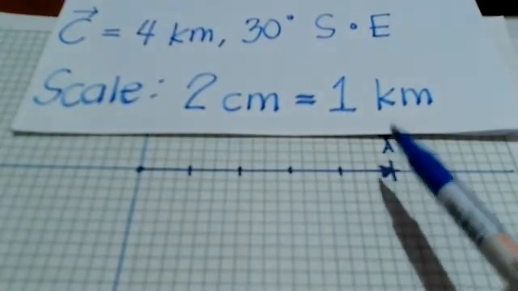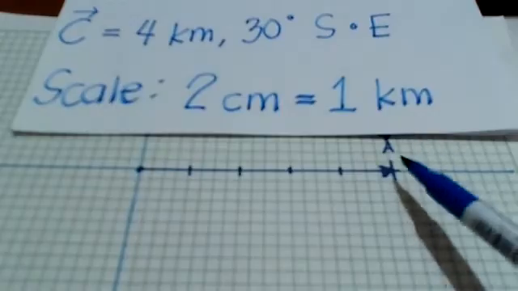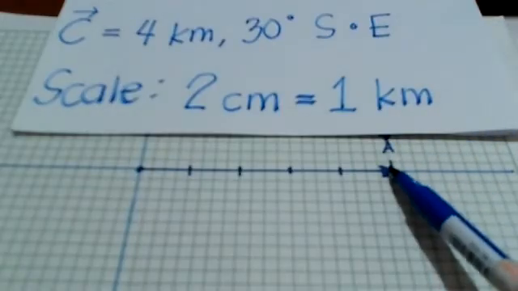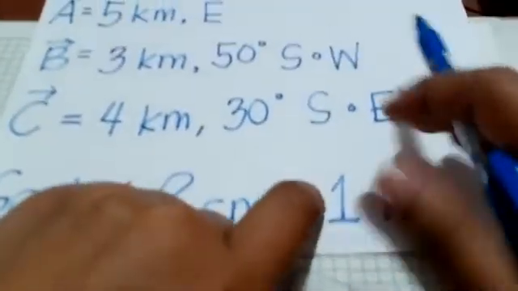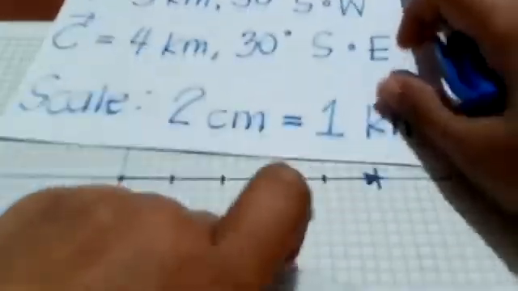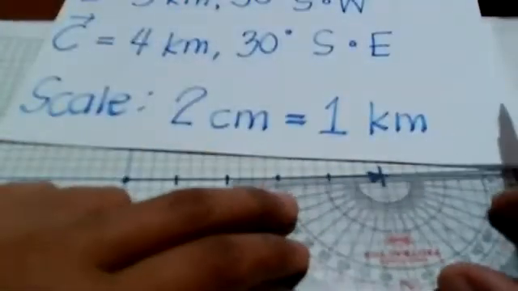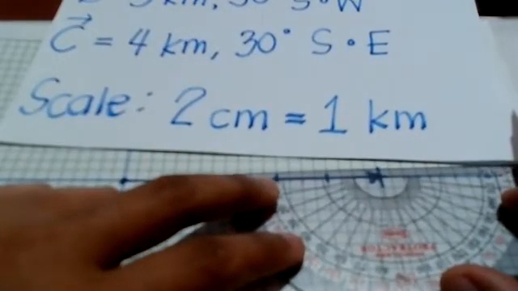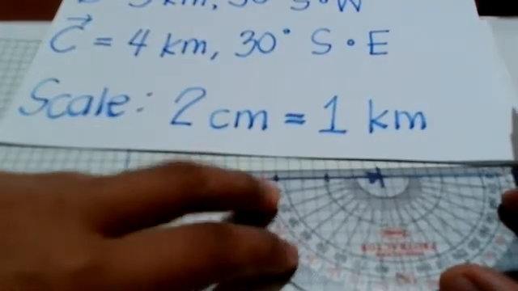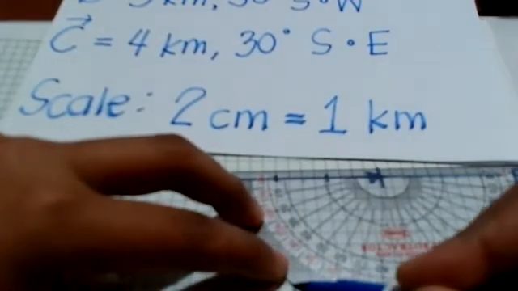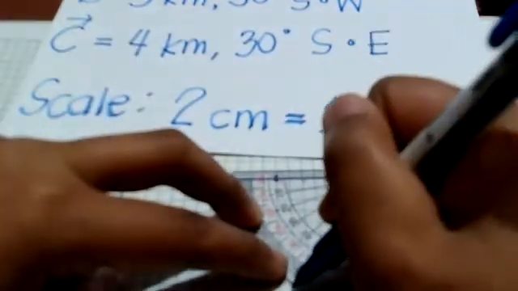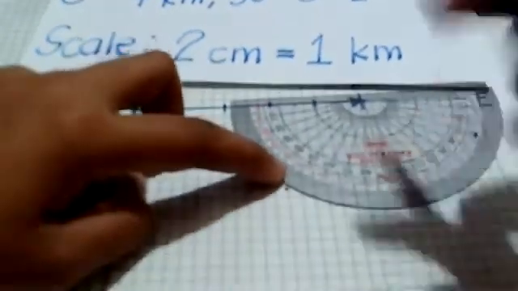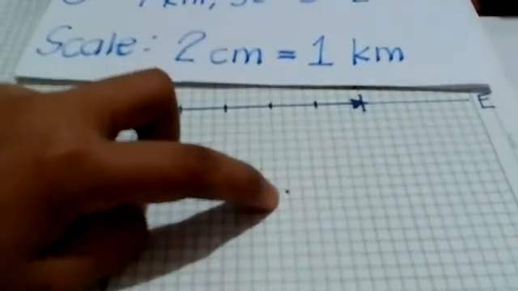So vector B will be connected to the head of vector A. I put a little Cartesian plane so that we can measure 50 degrees south of west. Let me mark first 50 degrees south of west. This is 50 degrees.